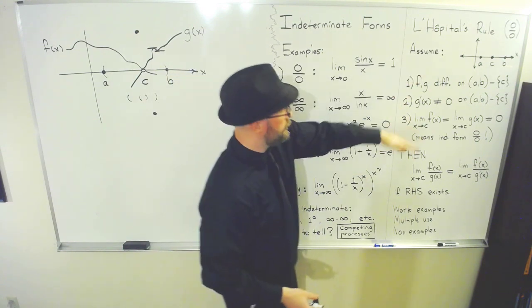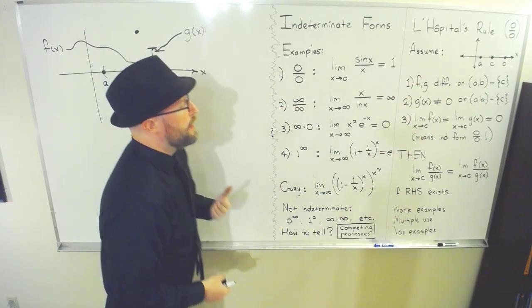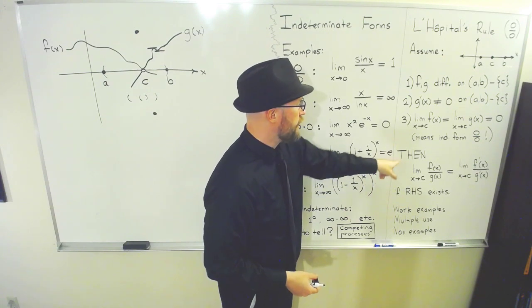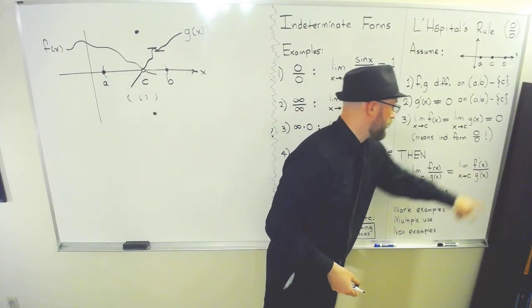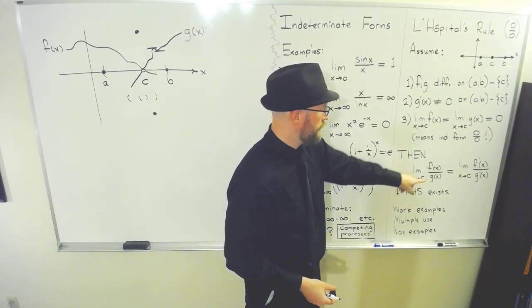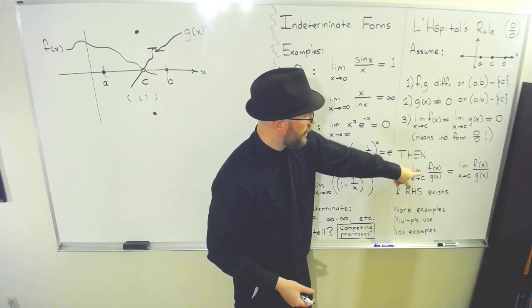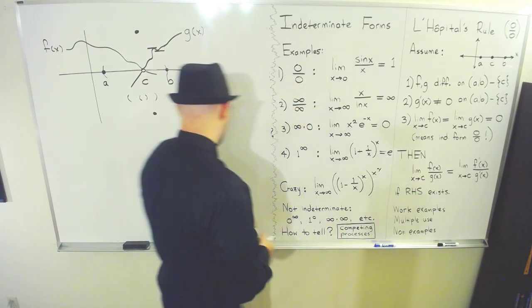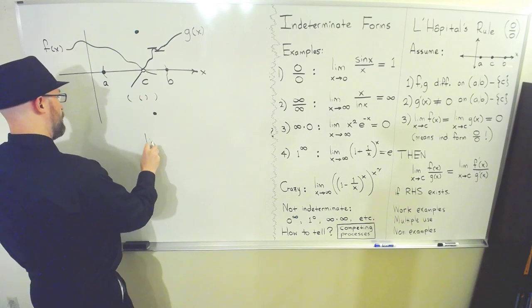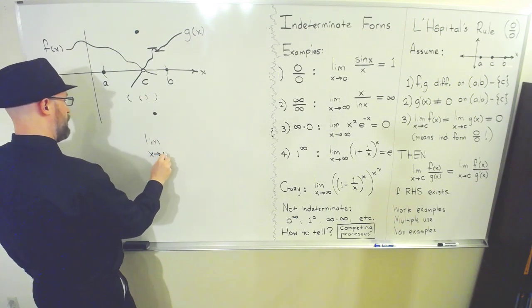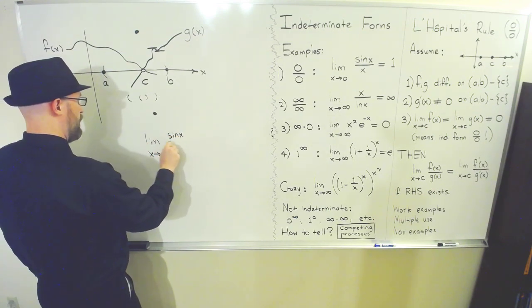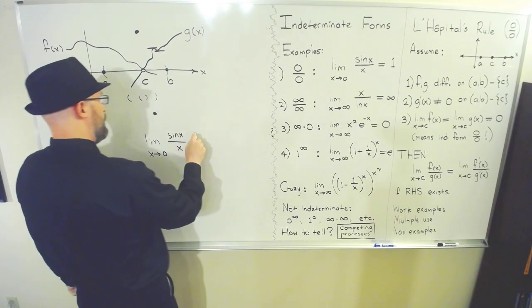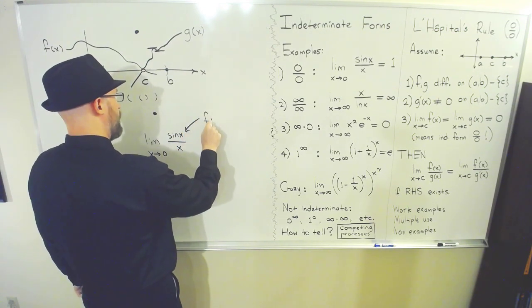Now if all those conditions are true, then you can just take the derivative of the top and the derivative of the bottom and divide by those two. And this is what we've been doing. We've been starting with the limit of the functions. I mean, like the first one that we did, where we had limit as x goes to 0 of sine x over x. In this case, the sine x was the f of x.